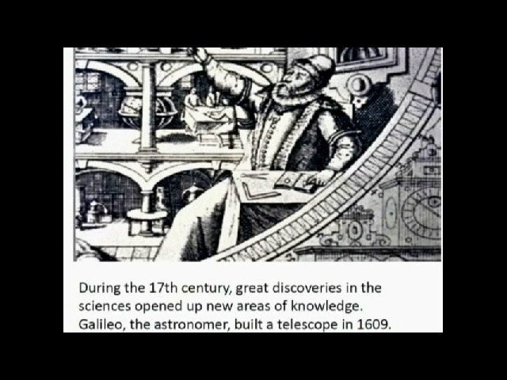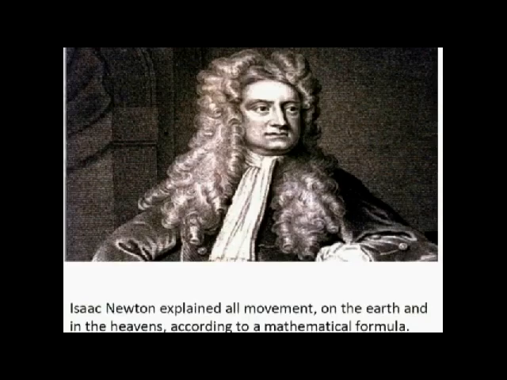And one of those new scientists was Isaac Newton. Now, this man is quite important. He's probably one of the founders of physics, of science. In his opinion, nature could be explained. How? Using a mathematical formula.